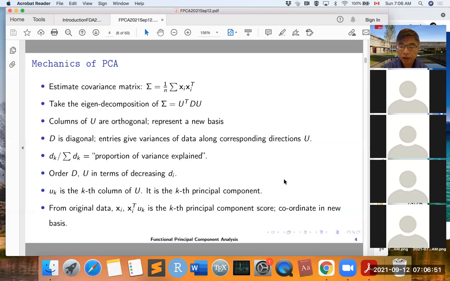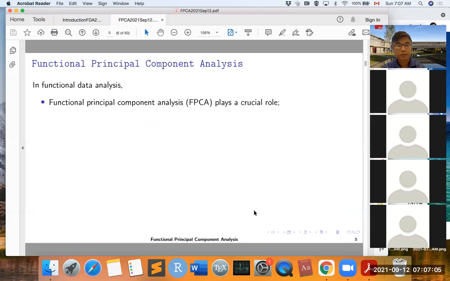This will be the new coordinate in the space defined by the principal components. These are some of the terms we use in principal component analysis. So now let's go to functional principal component analysis.